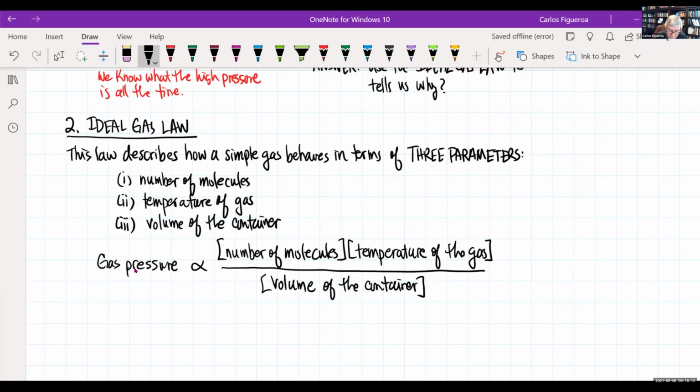This is the ideal gas law right here. And you'll see that this is very, very intuitive.